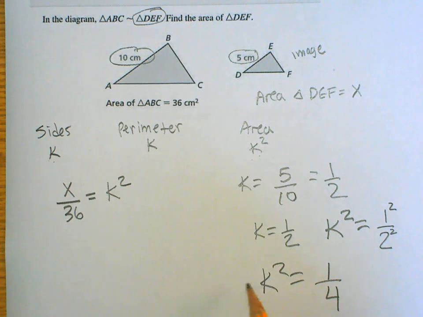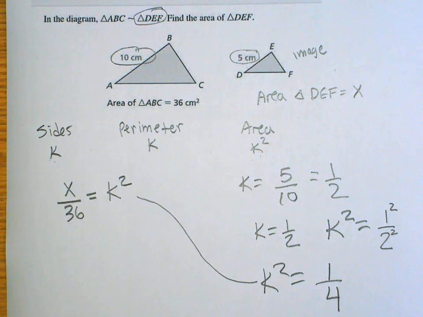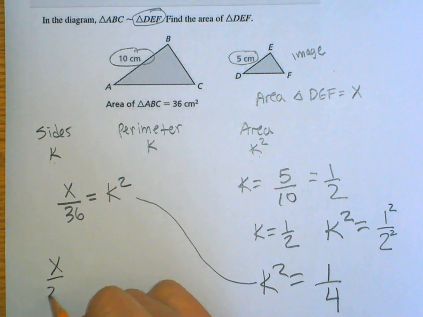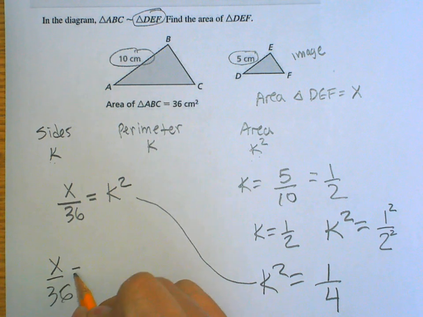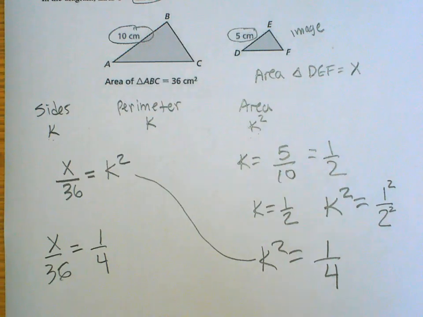So what are you going to do with that 1 over 4? You are going to set that one equal to this one. So x over 36 is going to equal 1 over 4. And then all you've got to do is solve the proportion.